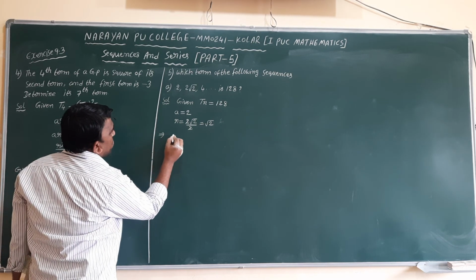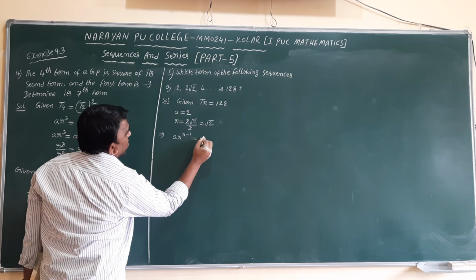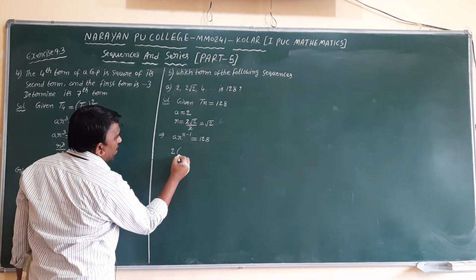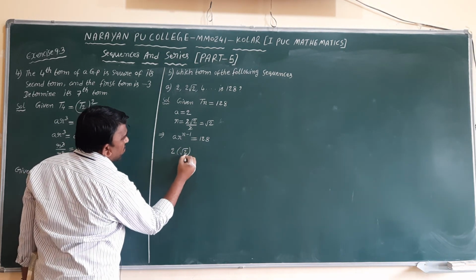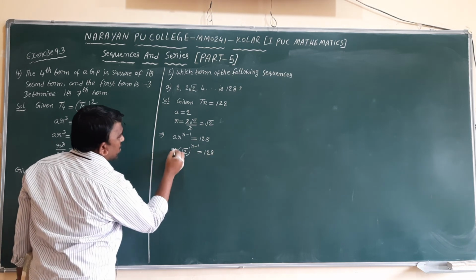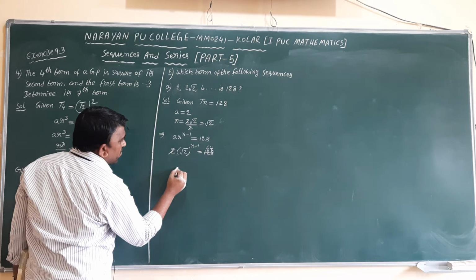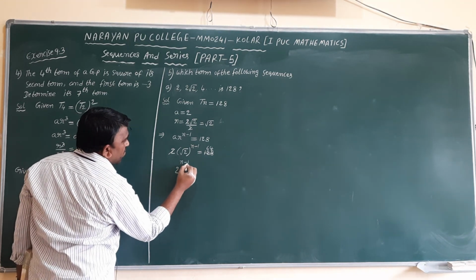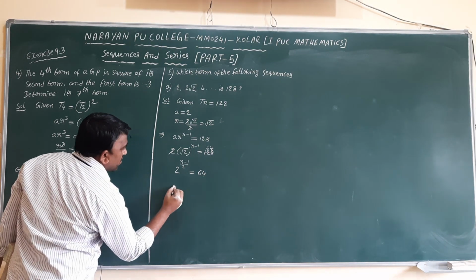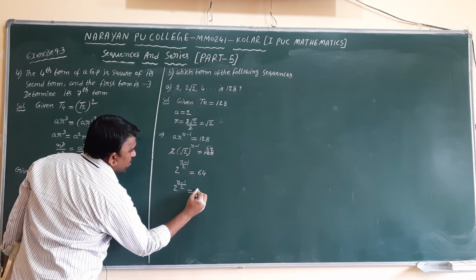So AR power n minus 1 is equal to 128. A value 2, R value root 2, whole power n minus 1 is equal to 128. 2 table 2 to 64. So root 2 we can write as 2 power 1 by 2. 2 power n minus 1 divided by 2 is equal to 64, which is 2 power 6.